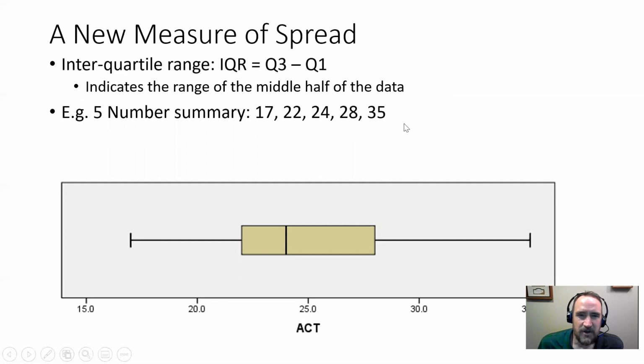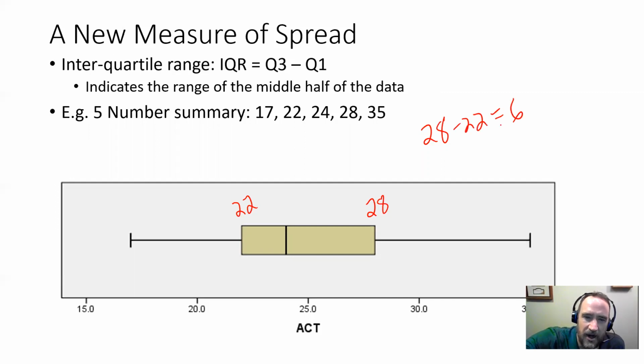For example, if this was our 5-number summary, and we knew that quartile 1 was 22, which we could estimate from the graph there, and quartile 3 was 28, the IQR we simply calculate: 28 minus 22 equals 6. And our IQR means that this box is 6 long. In other words, the middle half of the ACT scores were spread over about 6 points. And that's what the IQR is about.